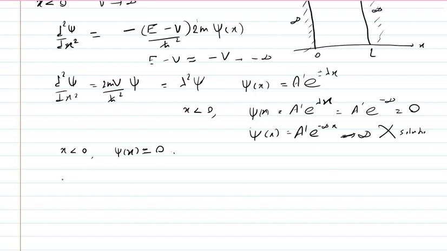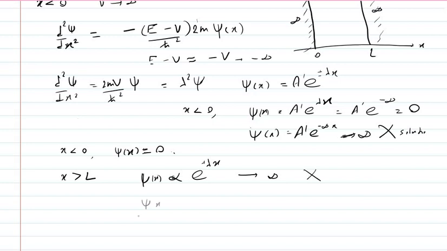Now what happens when x is greater than L? Again we will get this same wave function, and solutions will be either e to the power plus lambda, proportional to x. Then in this case, since x is greater than L, which means a positive value, the wave function goes to infinity.